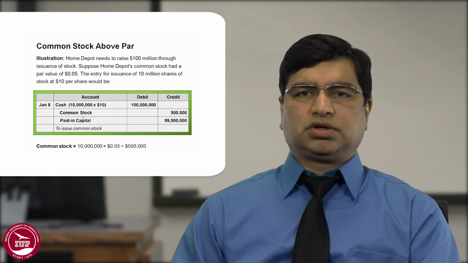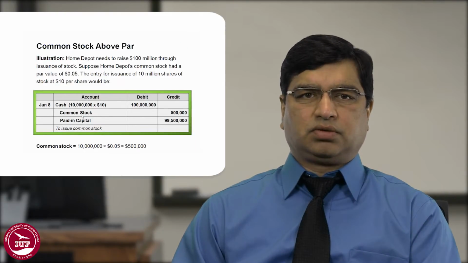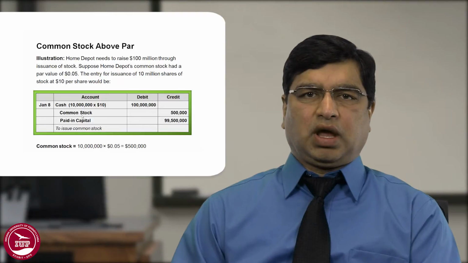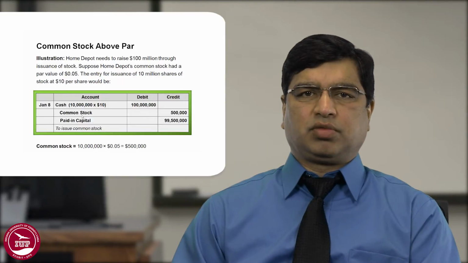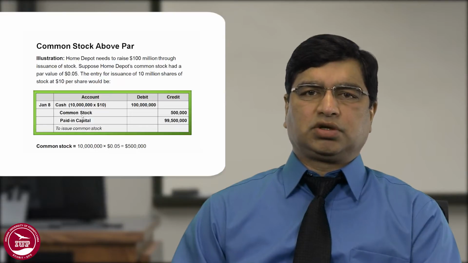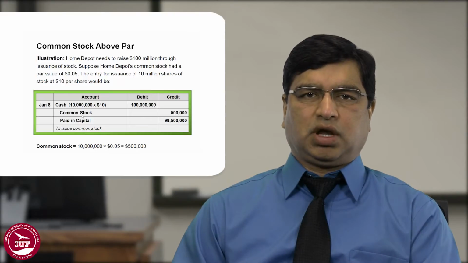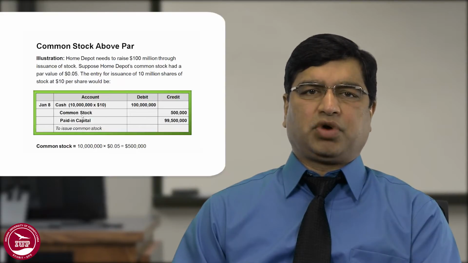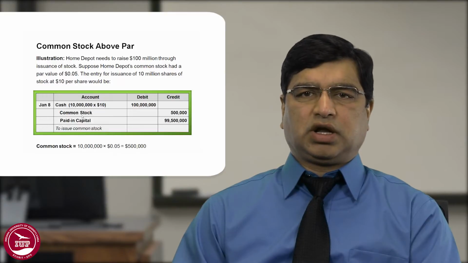Now, if the stock is issued at anything over the par value, then what happens? Suppose the common stock has a par value of 5 cents and the company needs to raise $100 million. The entry for the issuance of 10 million shares will become cash debited for $100 million. The common stock is created at the par value, that is 5 cents times the 10 million shares.